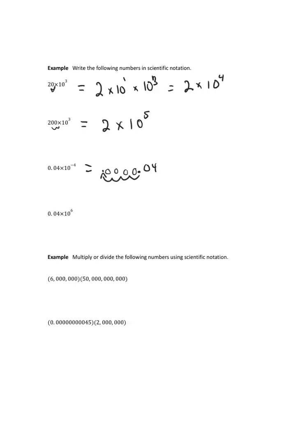But in order to make this proper scientific notation, I need 2 more places to get that decimal to be a 4 times 10 to something. So how many places would that have been to the left? Well, you had 10 to the negative 4, so that was 4 places, but then 2 more places for the 0.04 to make that a 4, so that would be to the negative 6.